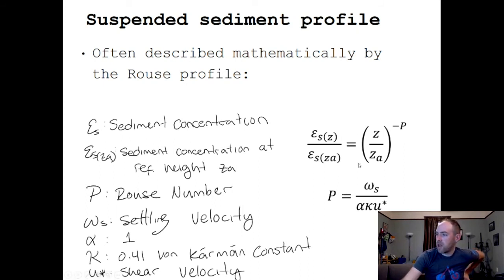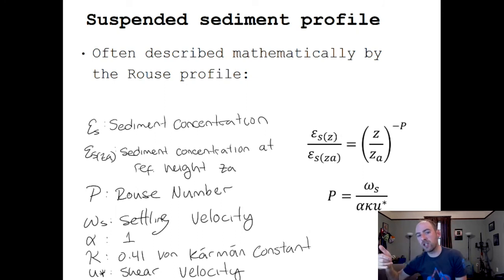And so you can see that as settling velocity is large and shear velocity is small, this number is going to be big, and so your concentration, the exponent is going to be a large negative exponent, which means that your concentration is going to fall off very quickly as you get further away from the bed, right? So you're going to have a very steep profile, which means very low concentrations high in the flow, and the higher concentrations are going to be very much focused towards the low end of the flow.